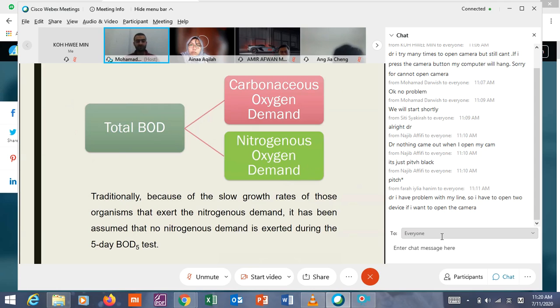But because of the slow growth rates of the organisms that exert the nitrogenous oxygen demand, it has been assumed that no nitrogenous demand is exerted during the 5-day BOD test. That's why we can say that the first 5 days of the BOD test refer only to carbonaceous oxygen demand, not the nitrogenous oxygen demand.